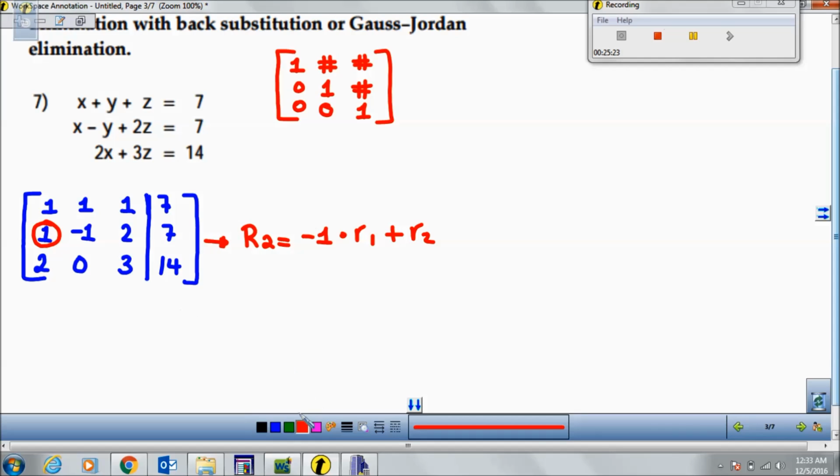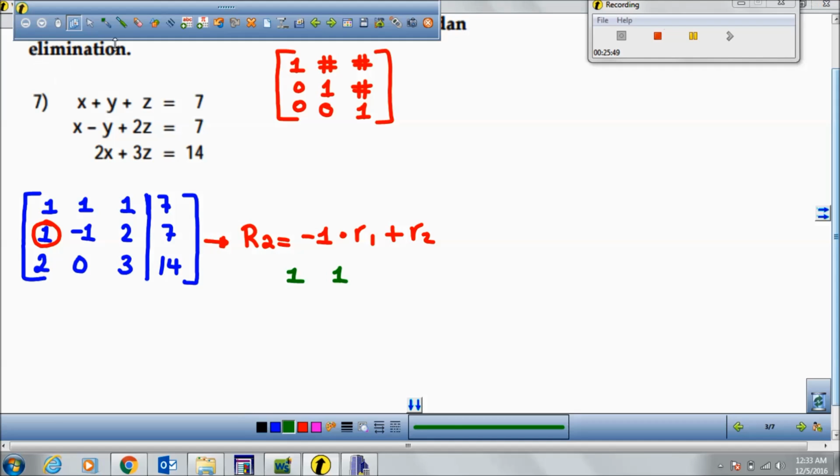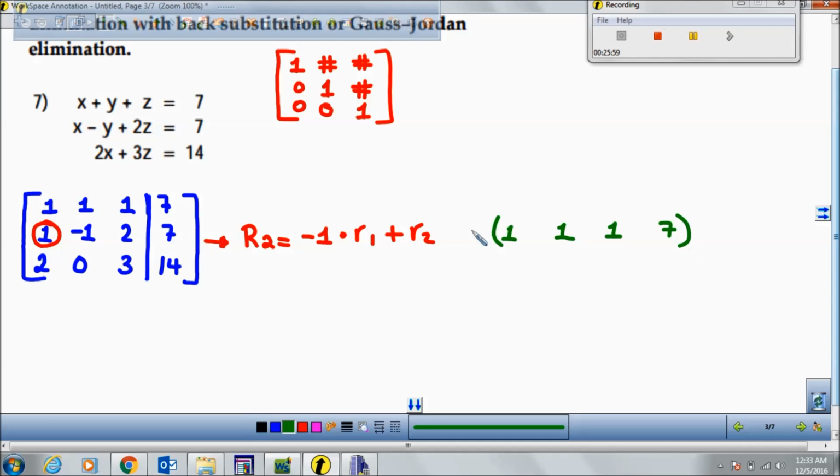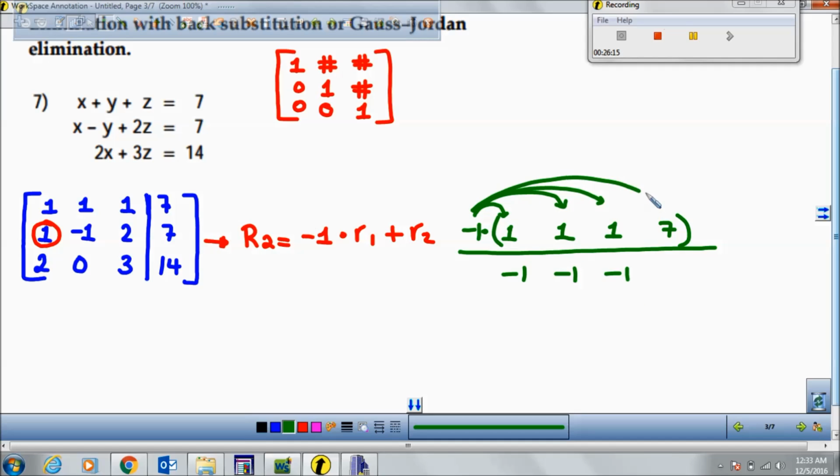So what I'm going to do is write all the numbers in row 1. Let me do it here to the side. 1, 1, 1, and 7. And all these ones we're going to multiply times a -1. -1 times every number in row 1 is represented here. So -1 times 1, -1. -1 times 1, -1. -1 times 1, -1. -1 times 7, -7.